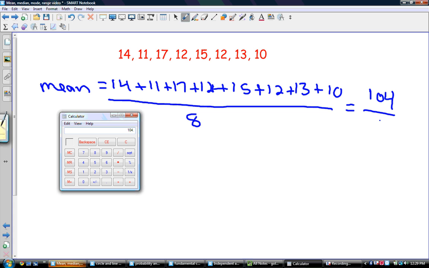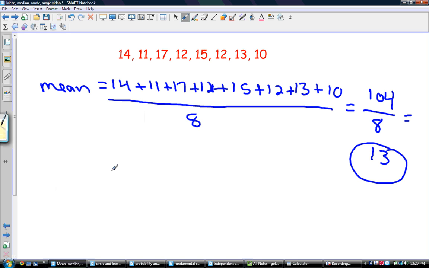So now I have 104 divided by 8. And when I do that, I get 13. So the mean for this data set is going to be 13. Now, let's work on median and mode and range.